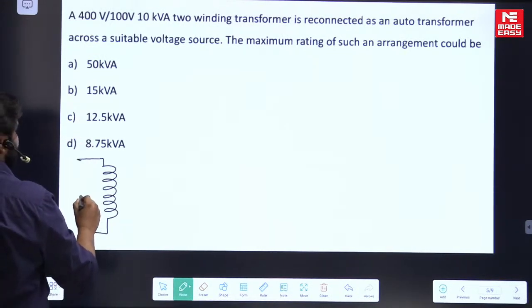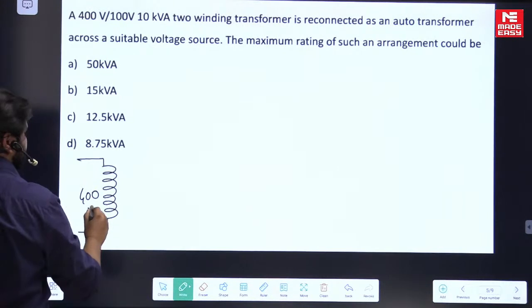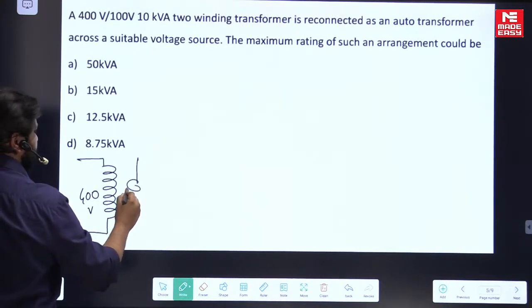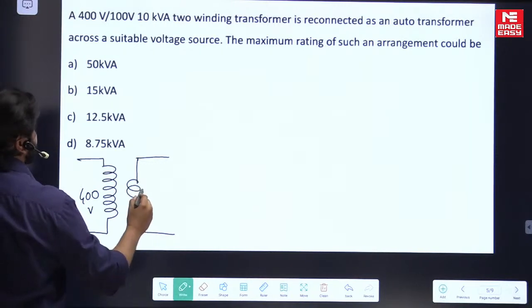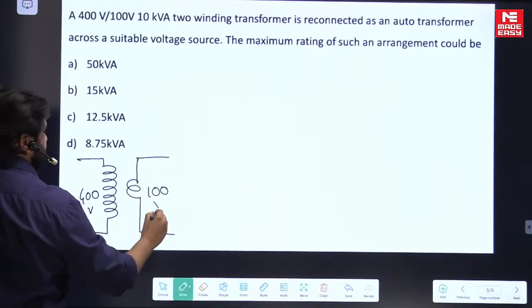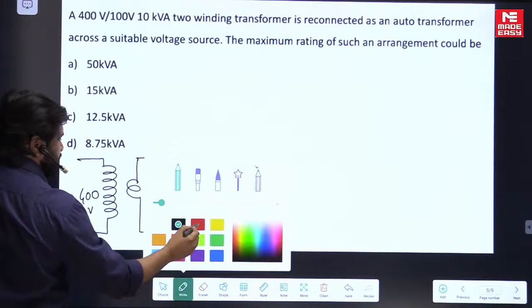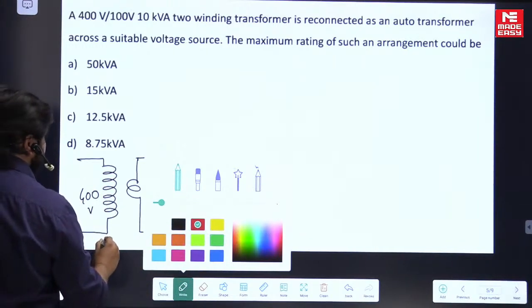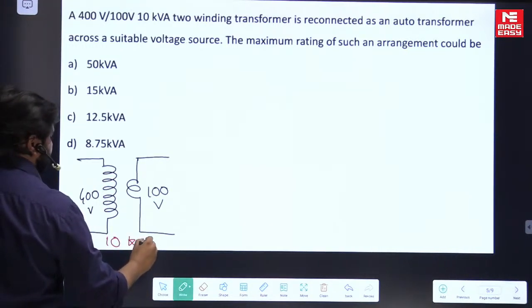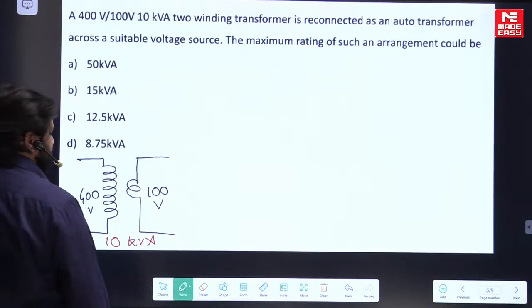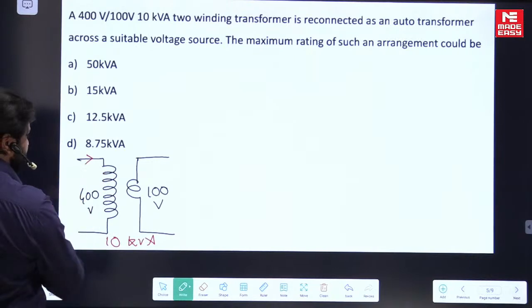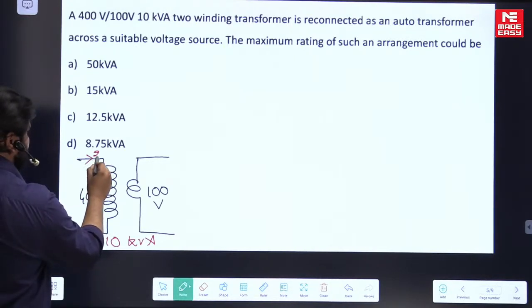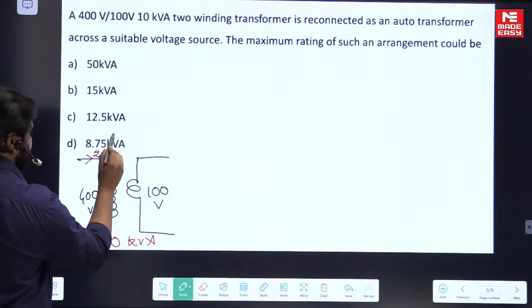this is the 400 volt winding, this is the 100 volt winding, and the rating of the transformer is 10 kVA. So for 10 kVA on the 400 volt side, what is the current rating? You can say 25 amperes.